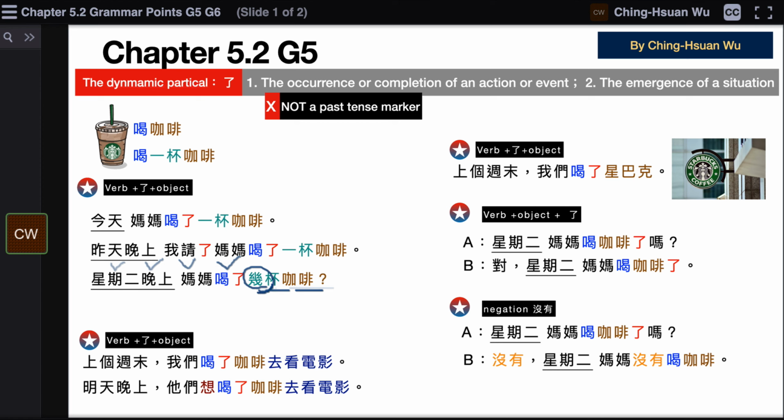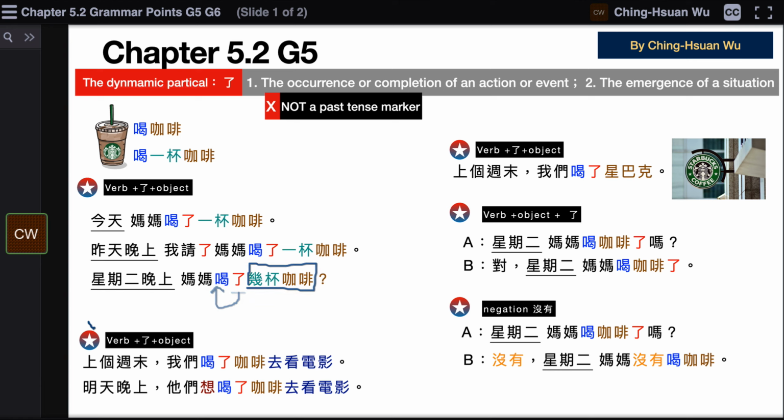We have a question pronoun here, and it is placed in the same place where you put your answer 一杯, one cup. Here it's how many cups. Again, we have a time adverbial phrase, Tuesday evening, and le is placed immediately after your verb and before the object of the verb.